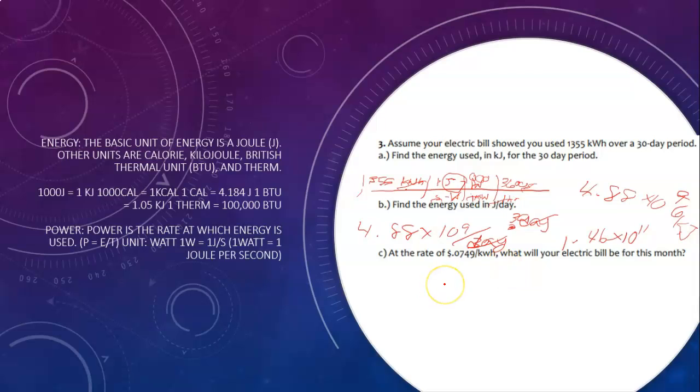Okay. And then at the rate of 0.0749 dollars per kilowatt hour, what will your electric bill be for the month? And so let's look at this. We've got 1,355 kilowatt hours.